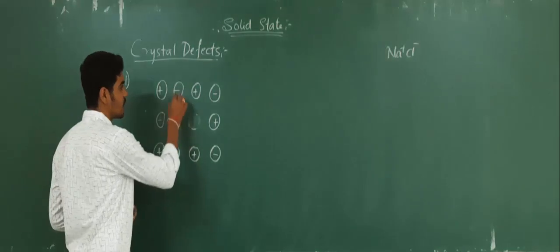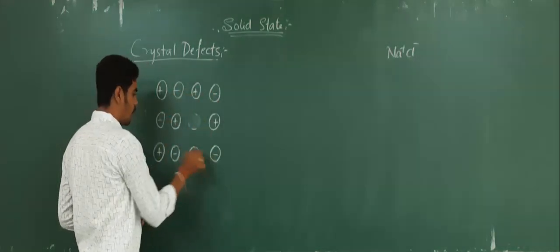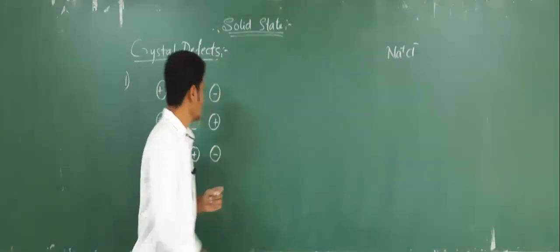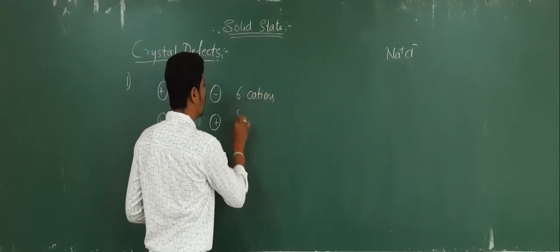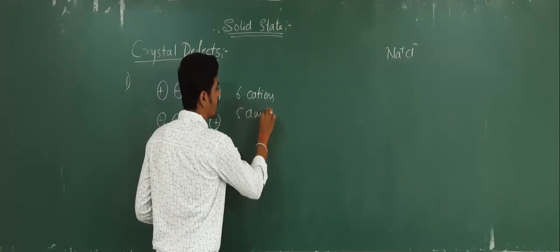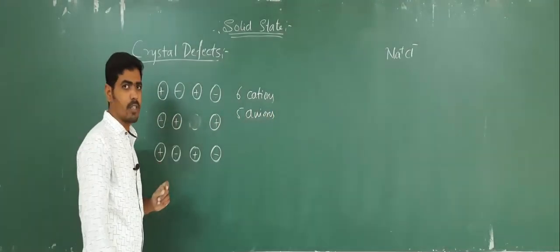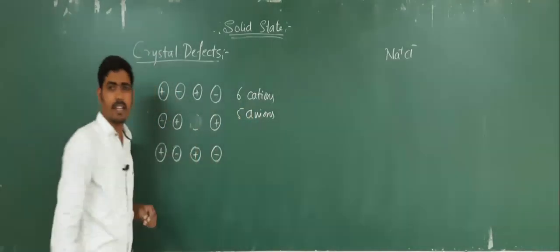And how many anions are there? 1, 2, 3, 4, 5. 5 anions are present. Initially, before missing of the anion, there will be 6 cations and 6 anions.